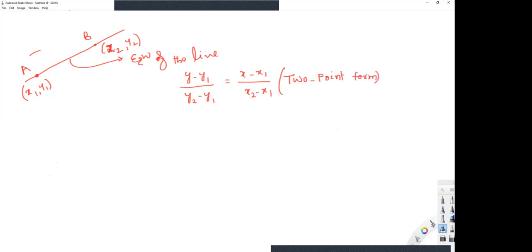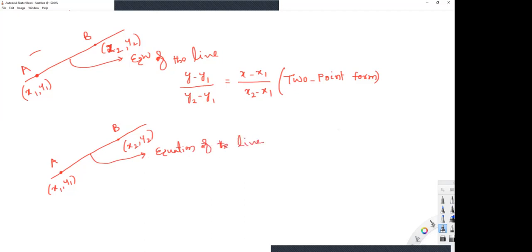But here today the same question, the line is passing through 2 given points x1 comma y1 and point x2 comma y2. But here we have to find the equation of the line not by using the above formula, that is, without using this formula.